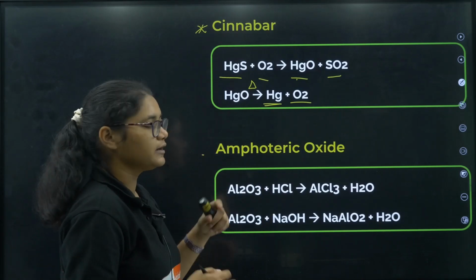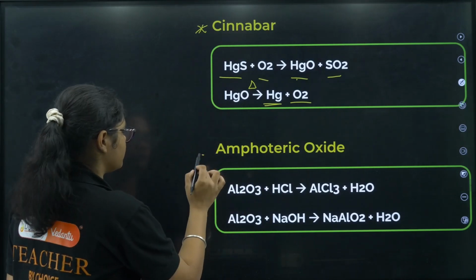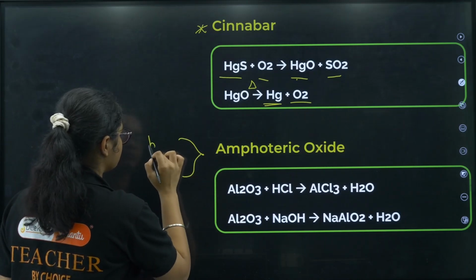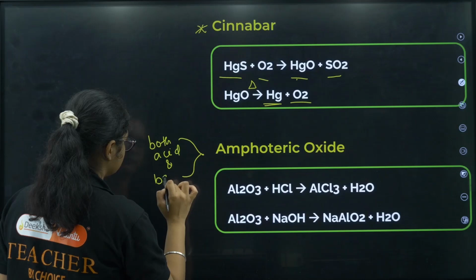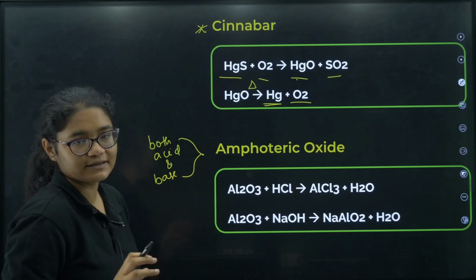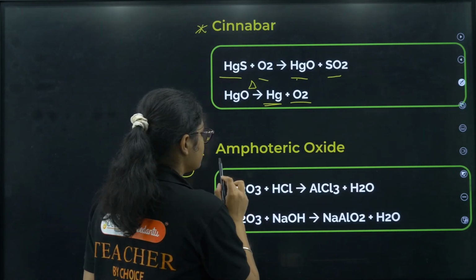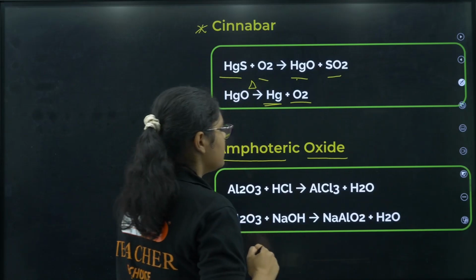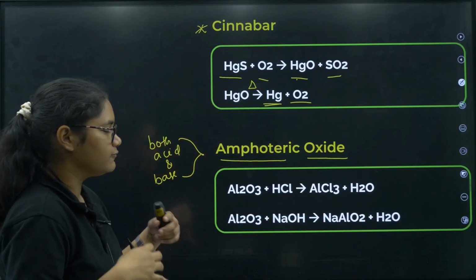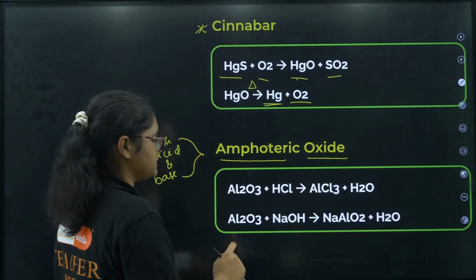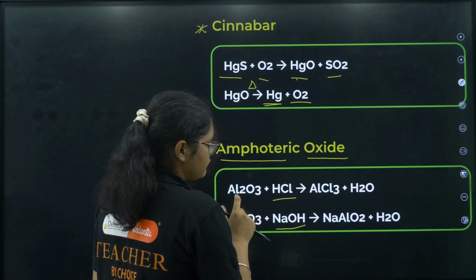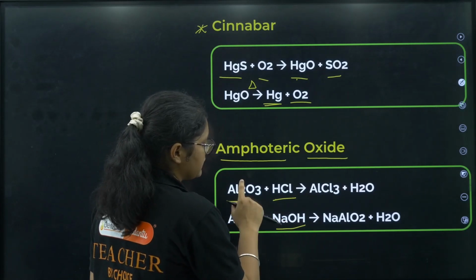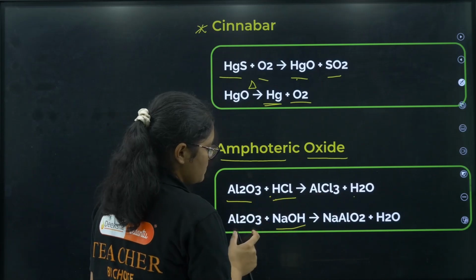Next, coming to amphoteric oxide. What is an amphoteric oxide? One which reacts with both acid and base. Amphoteric oxides can react with HCl and can react with NaOH, both acid and base. If you react Al2O3 with HCl, you will get AlCl3 plus H2O.